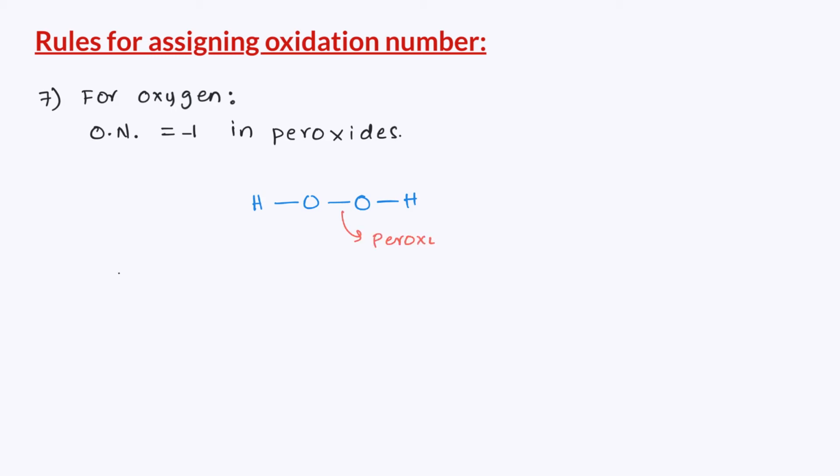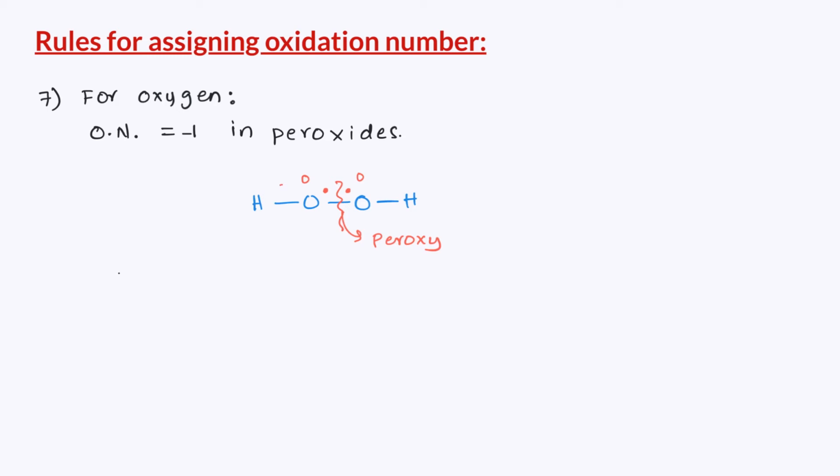When we break the bond between two oxygen atoms, since both oxygens have the same electronegativity, each oxygen gets 1 electron and a net charge of 0 on both oxygens.